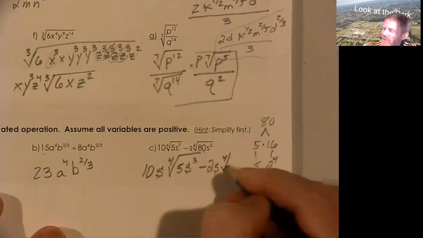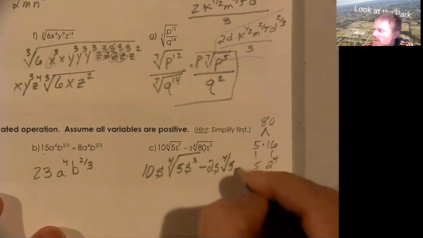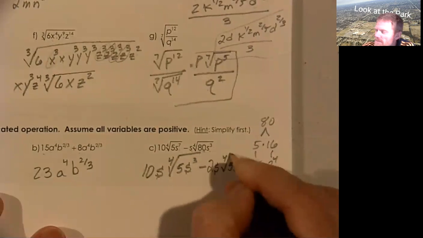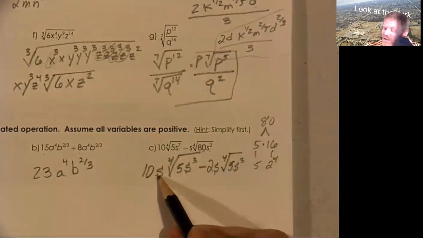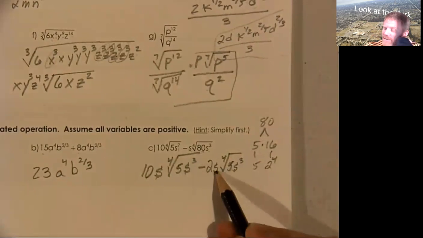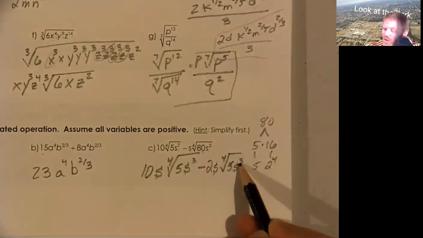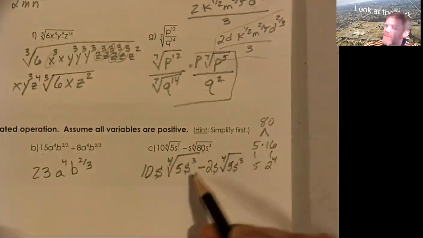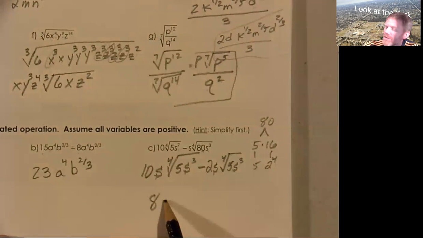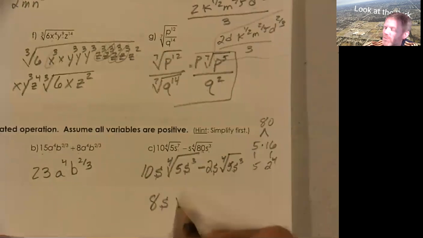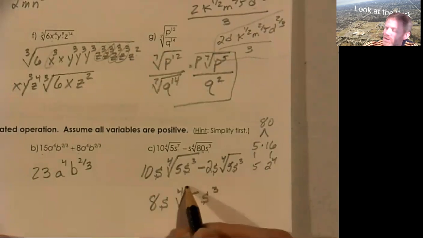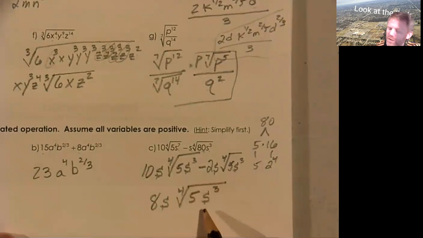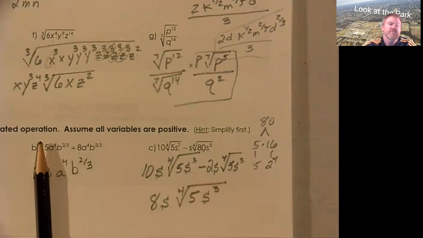You're going to have a 5 left over and an S cubed sitting out there. So that worked out. Now we have an S and the 4th root of 5s cubed, an S and a 4th root of 5s cubed. Those all match. So 10 minus 2 is 8 with the S and the 4th root of 5s cubed. You don't have 4 of a kind left over, so there's nothing else you can simplify. And that's it. Good job.